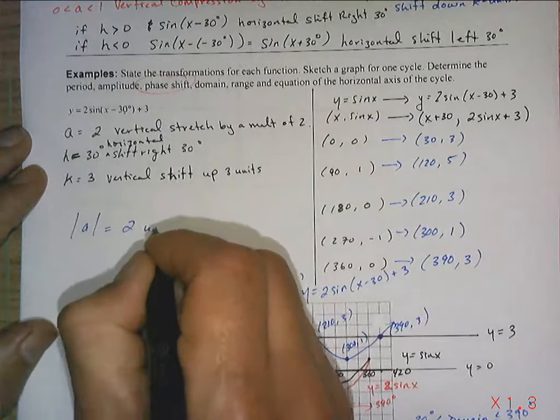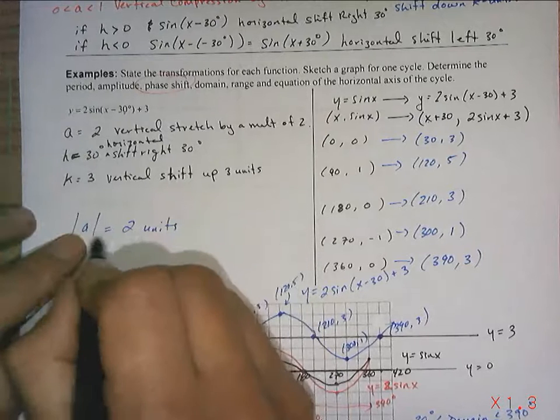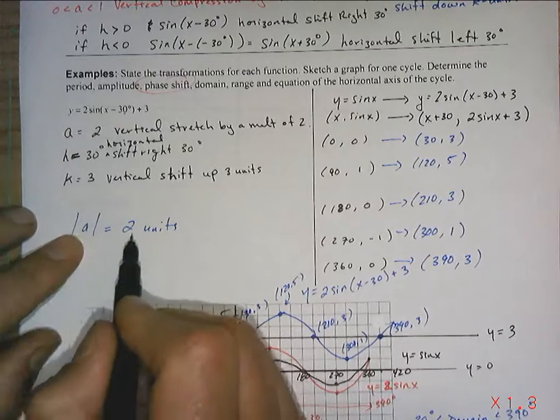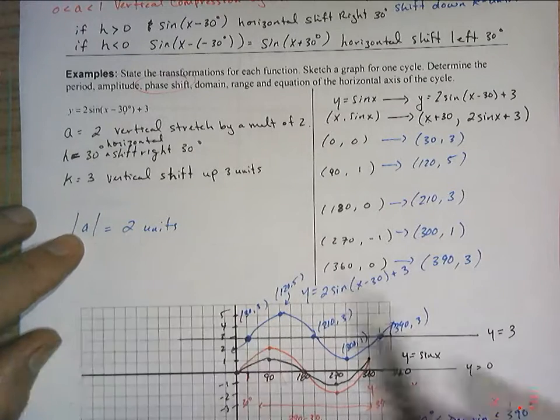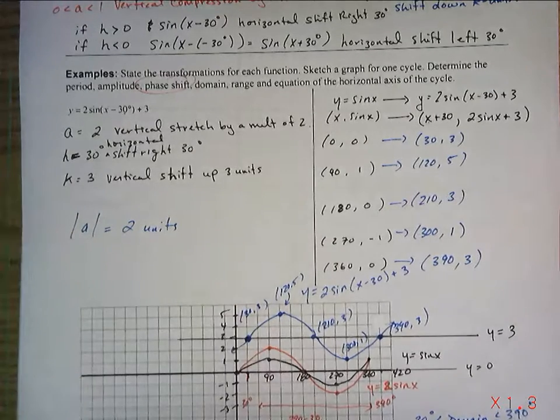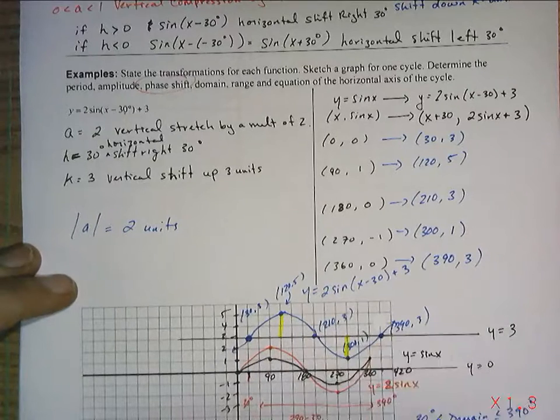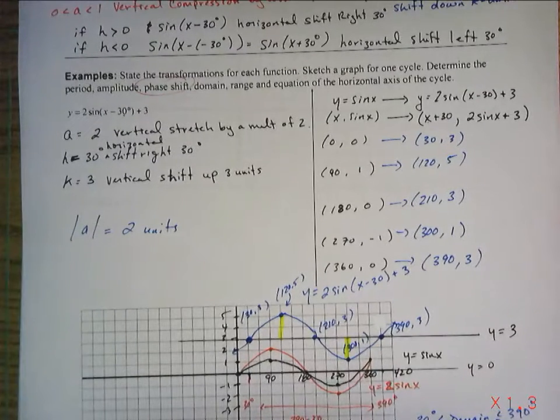So it's going to be 2 units. And that just takes away any negatives that you might have had. So if you had a negative a here, the amplitude wouldn't be negative 2 units. The amplitude's still 2 units. And we can see that amplitude right here because we go up 2 units from the horizontal and we go down 2 units from the horizontal to its maximum and minimum respectively.